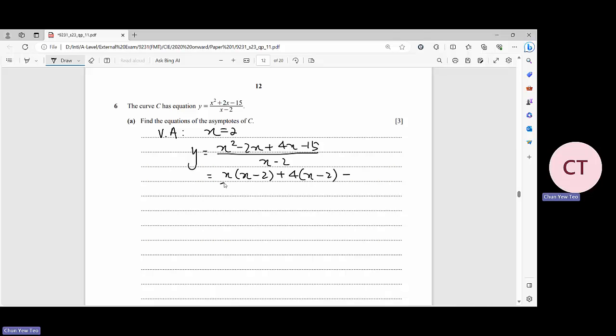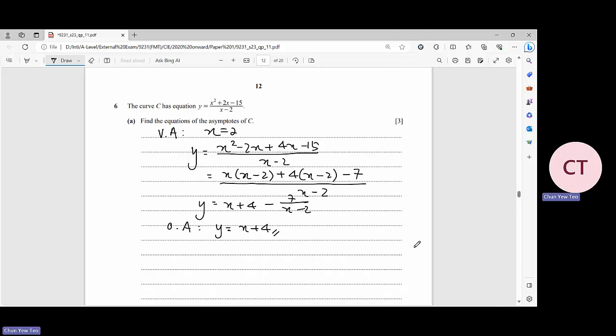Then this one, I will do minus 8 minus 7. So this is what I usually do. After that, you can just simplify it. You get x plus 4 minus 7 over x minus 2. Therefore, your oblique asymptote is y equals x plus 4. Just like that. That will be the answer for part A.